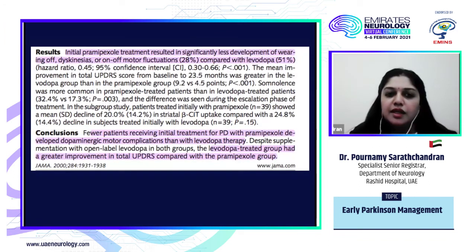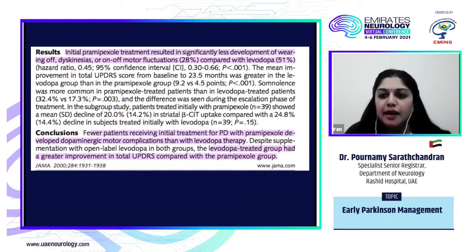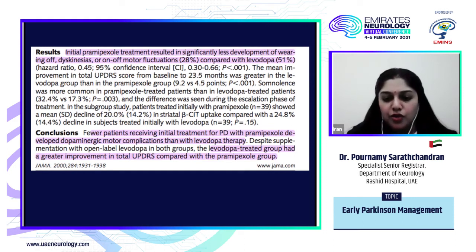They found that initial pramipexole treatment resulted in significantly less development of wearing off, dyskinesias, on-off motor fluctuations compared to levodopa. They concluded that fewer patients receiving initial treatment with pramipexole developed dopaminergic motor complications than with levodopa. But of course, the levodopa group had a better UPDRS improvement, resulting in better symptomatic relief.